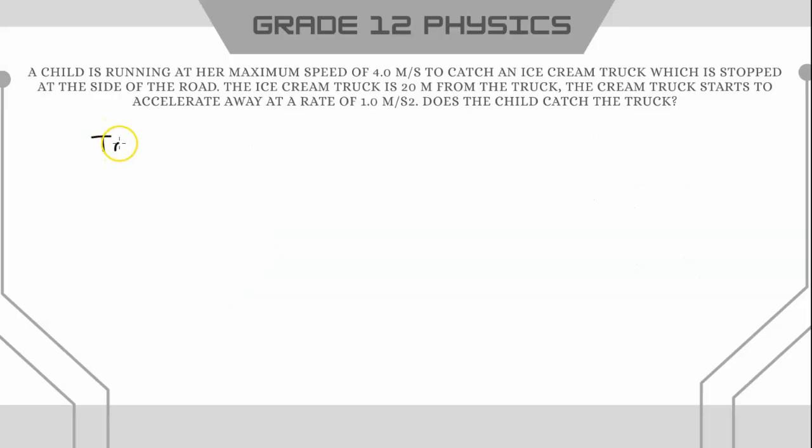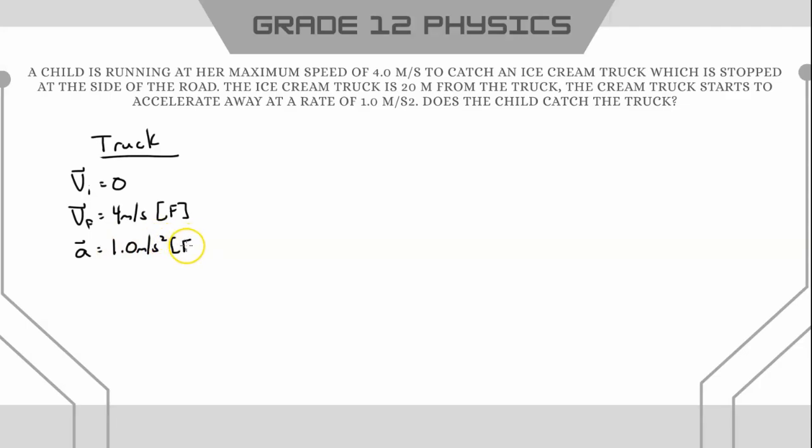So let's analyze the truck using some equations. So we're going to have initial velocity as 0. Final velocity, we're going to put as 4 meters per second. And this is all forward because they're vectors. Everything's forward. And acceleration is 1 meter per second squared forward. Now what we can do is figure out how far the truck goes in this time.